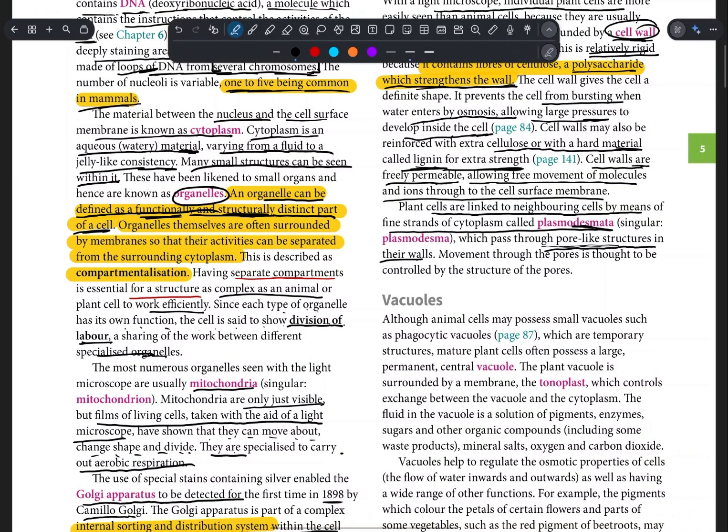Movement through the pores is thought to be controlled by the structure of the pores. If a pore is large, large material can pass through it. If a pore is smaller, only small materials can go through it, right?